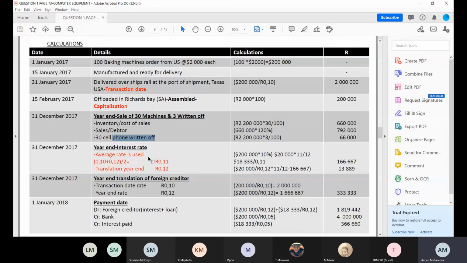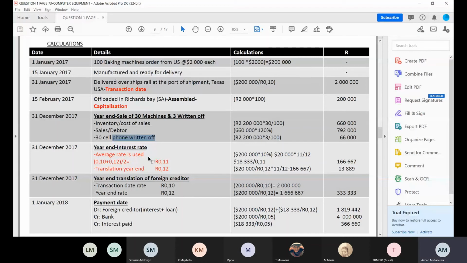So now, 31st December 2017, on the actual loan, which is 200,000, we need to compare the spot rate on the transaction date and at year end. We need to compare the two.